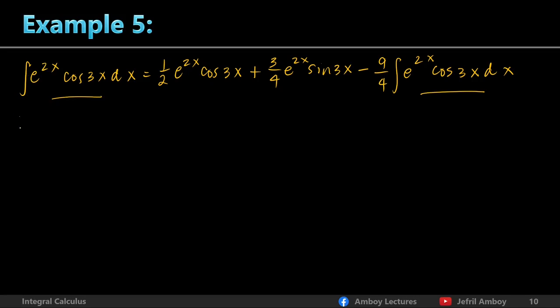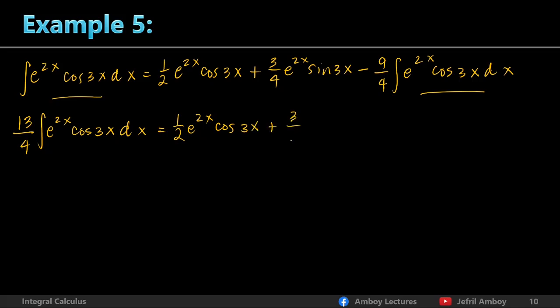So, dito magkakaroon tayo ng 13 over 4 times the integral of e raised to 2x times cosine of 3x dx. Tapos, copy lang natin to. 1/2 e raised to 2x cosine of 3x plus 3/4 e raised to 2x sine of 3x.